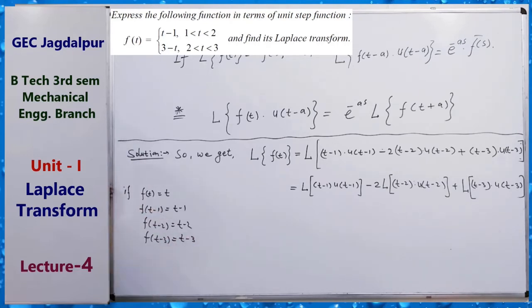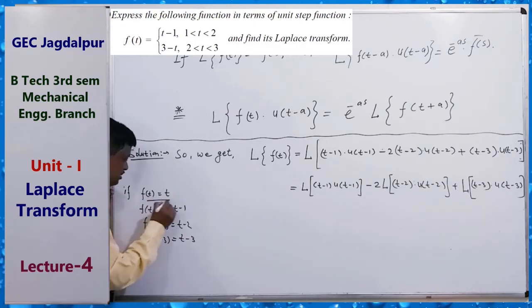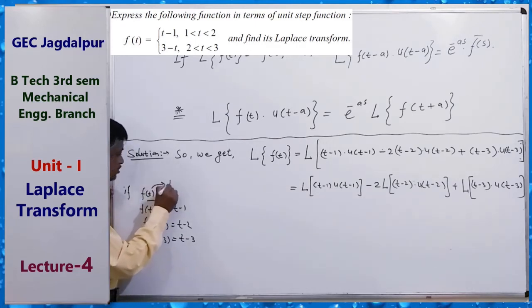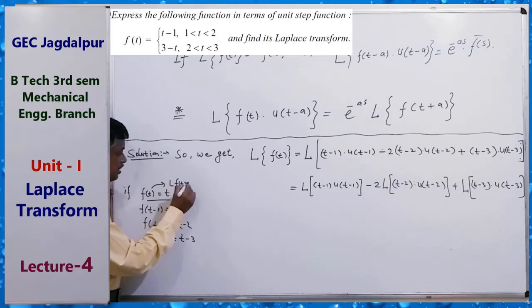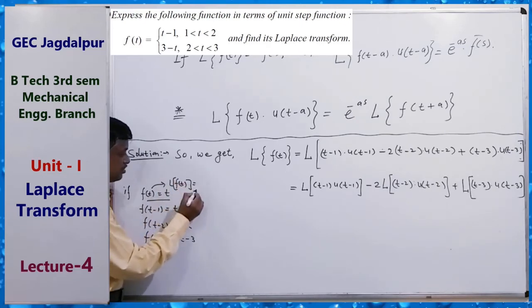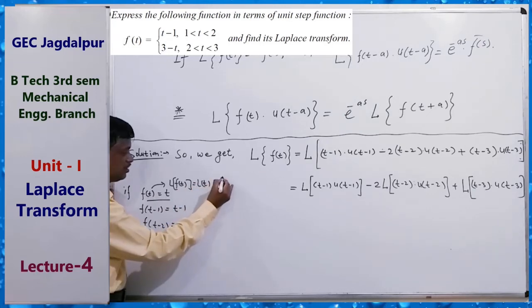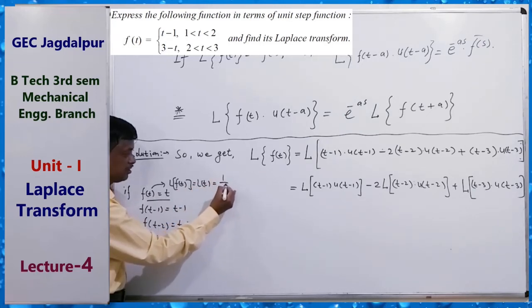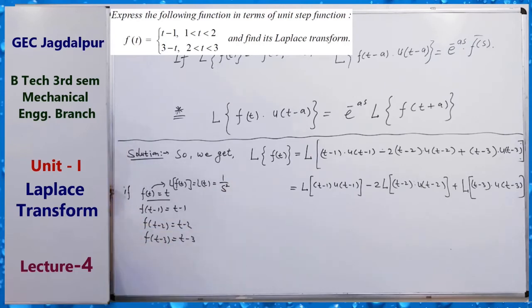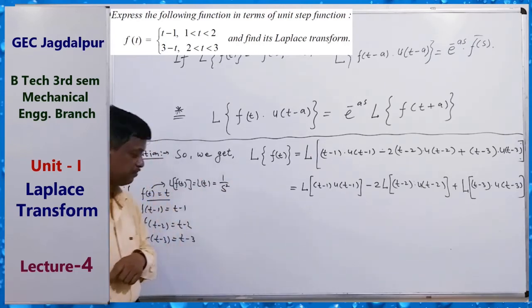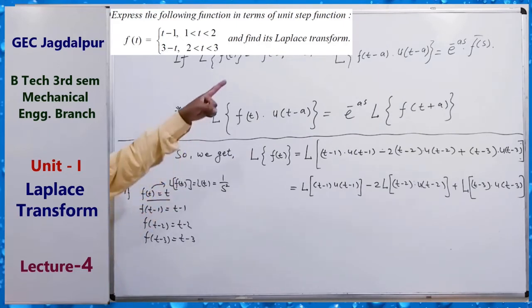You can get it like this. That is, f(t) equals t, and L(f(t)) equals 1 factorial upon s square, so F(s) bar equals 1 upon s square, in place of that.